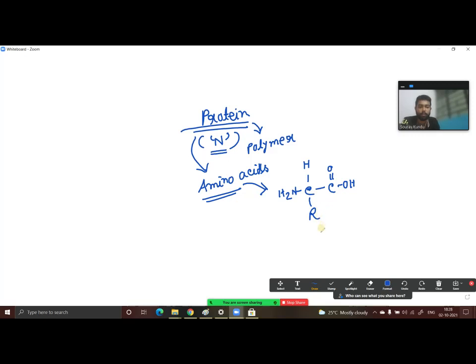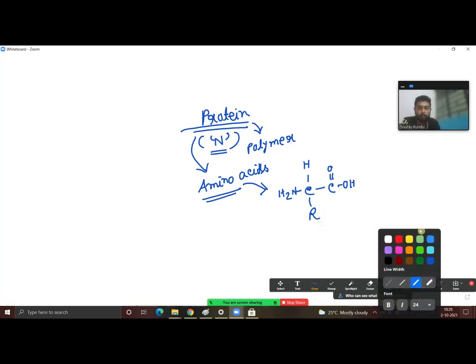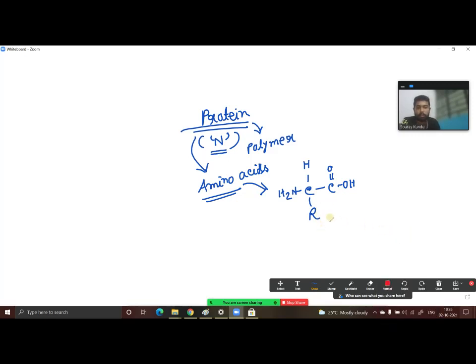Why is this an amino acid? Because this particular carbon is bonded with one acid group. This is the acid group and this is the basic group.